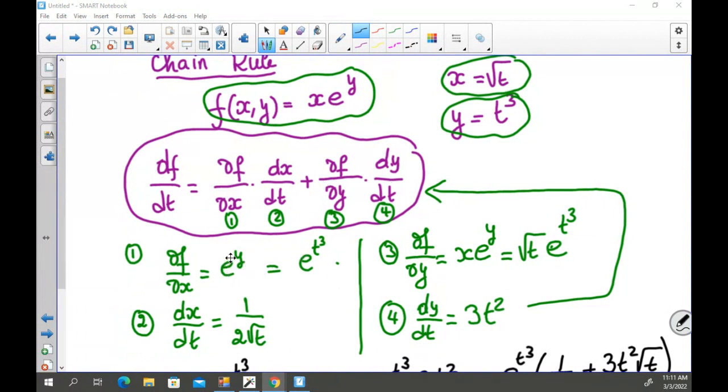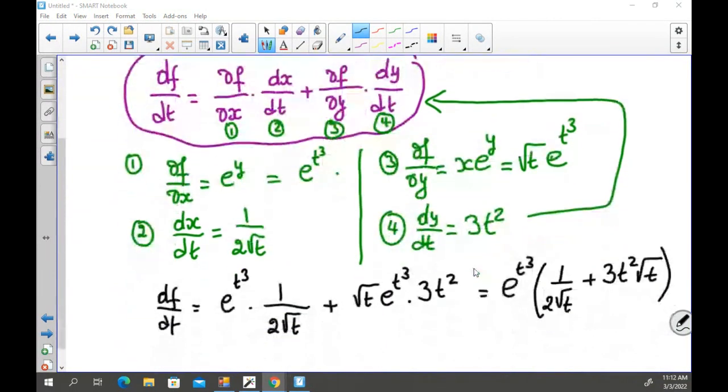And don't forget that when you have e to the y, you need to replace this y with t to the power of 3 so that you get everything as a function of t. We need the final answer always as a function of t. So then we will be okay. We get our answer without too many problems. Any questions regarding this?